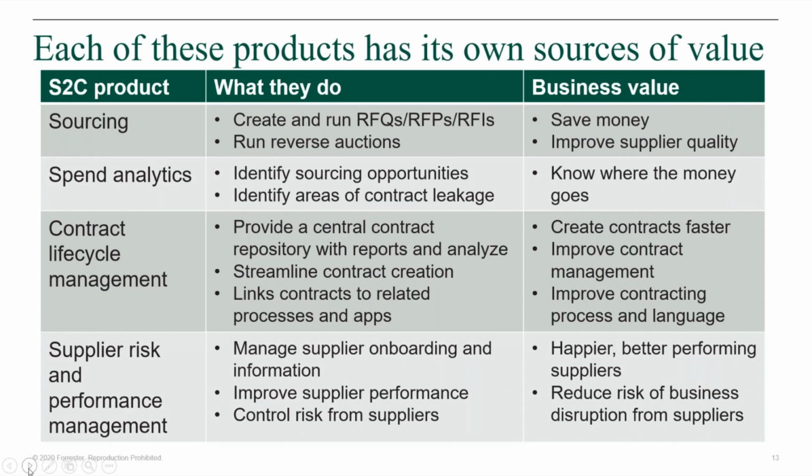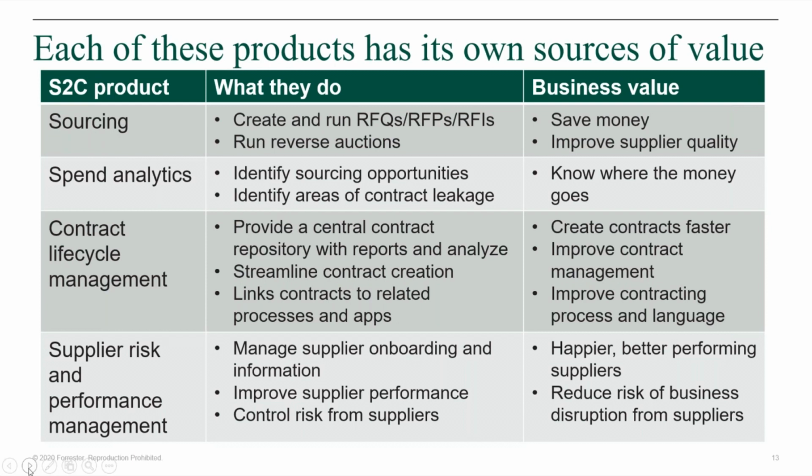It can streamline the whole process of contract creation, allowing end business users who've done a deal to quickly turn that into a contract, but retain all the controls that legal wants to make sure that the contract complies with legal values and legal principles. But it also makes the contract language, once the contract is done, available to link into related processes and apps, like your procurement app or your invoice app, so that a PO or requisition request can be checked to make sure it's going to a supplier with whom we have a contract.